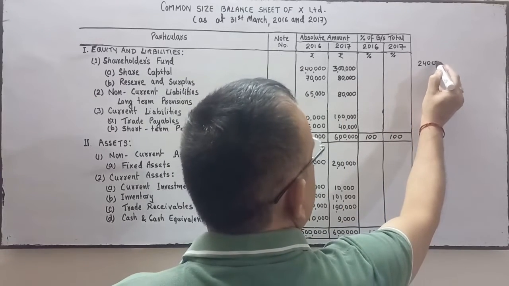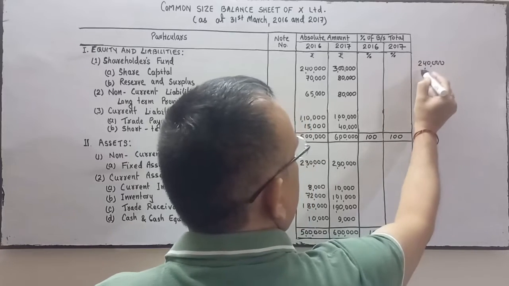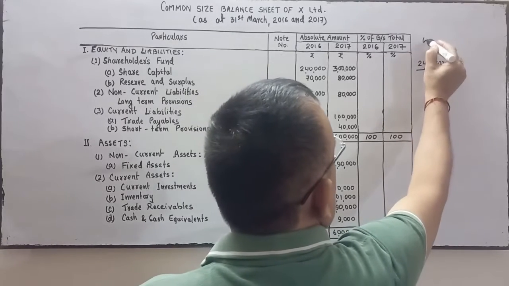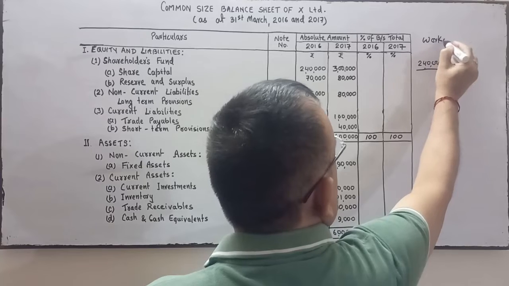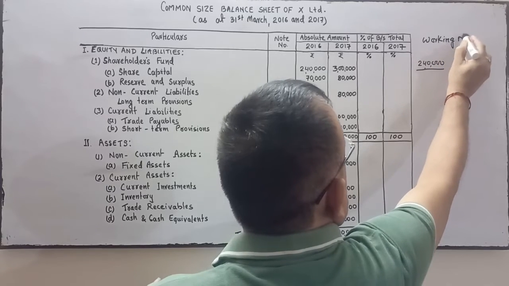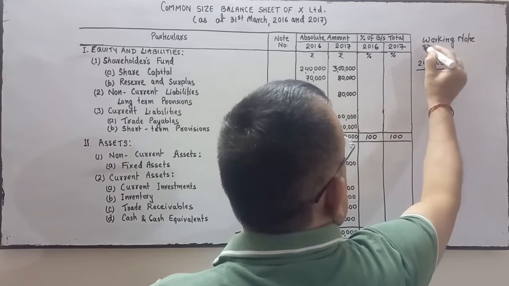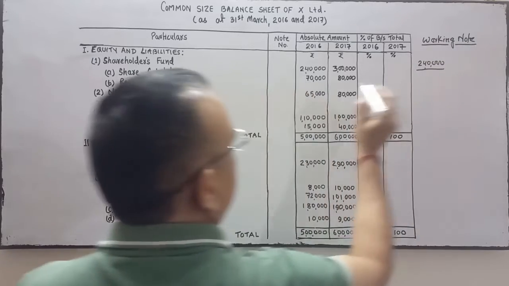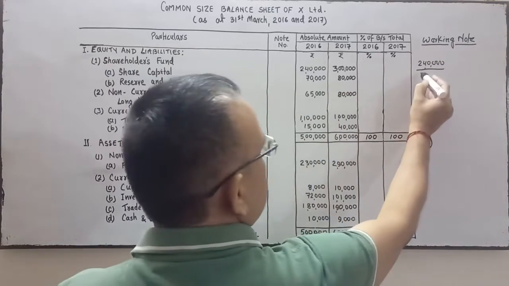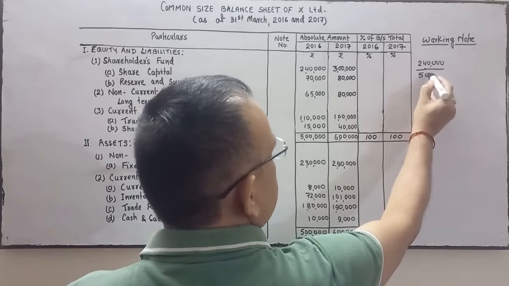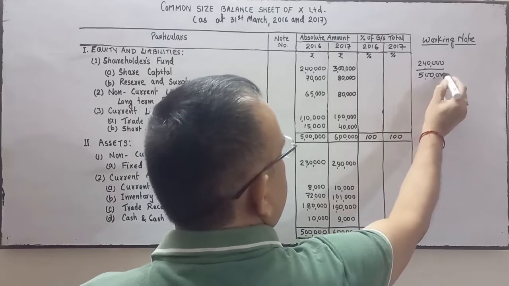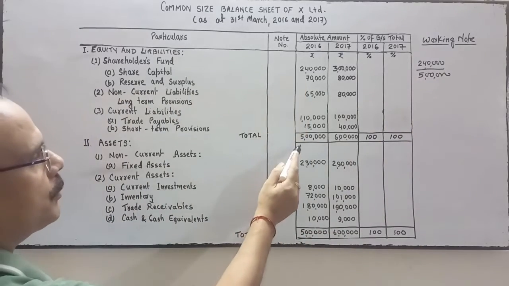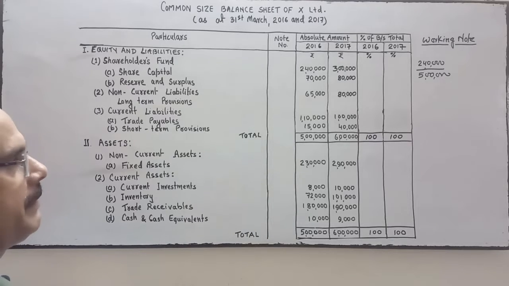I am doing the working on this side. It's a working note, or you can say it's a rough. You can do it in the rough. 2,40,000, and total equity and liability is how much? It is 5 lakhs.